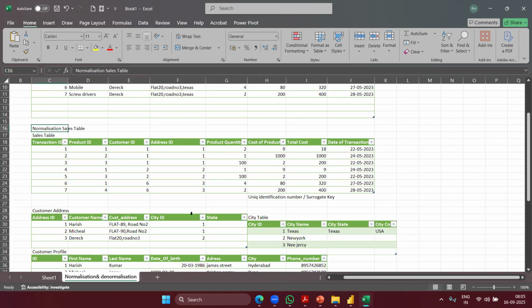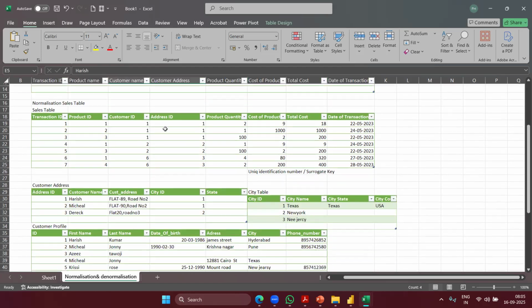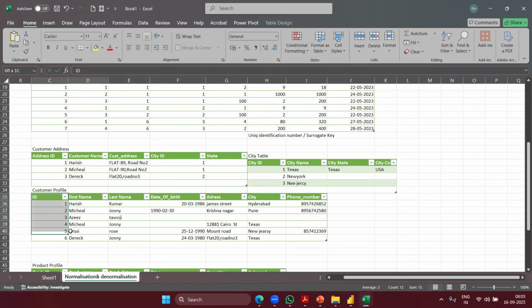Now, what does normalization mean? It is as simple as it is: logically split this information or data into multiple tables. How? If you know that you are getting customers, maintain a customer table that stores all the customer information like his name, phone number, address, city, all those things.